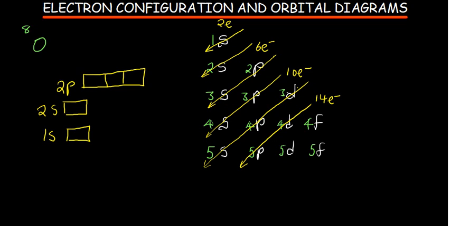Because oxygen has 8 electrons. Just look at this. This one will have 2 electrons. This one will have 2 electrons. 2 electrons. 2 electrons. 2 electrons. How many electrons do you get there? Oh, okay, so I didn't get properly. Thank you.